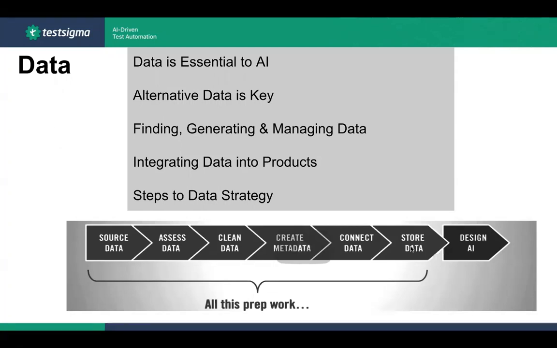So the most important puzzle in the whole problem of using artificial intelligence is to have a unique set of data, and not just have the unique set of data, but you also have to assess it and clean it and create metadata for it. And the biggest problem is connecting data and storing data and connecting data to your product. How are you going to use that data within your product, right?